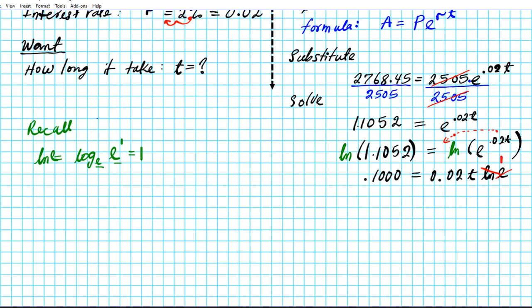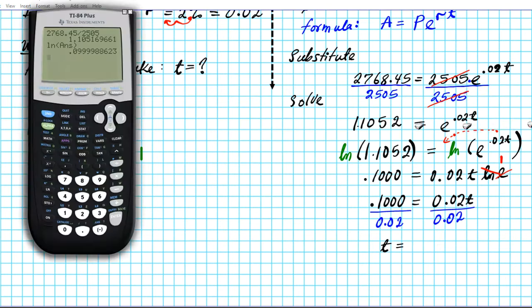So we're going to have 0.1000 equals 0.02t. The final step that will result in the isolation of t is dividing both sides by 0.02, the coefficient of t, and that will give us t equals, let's enter that into our calculators again.